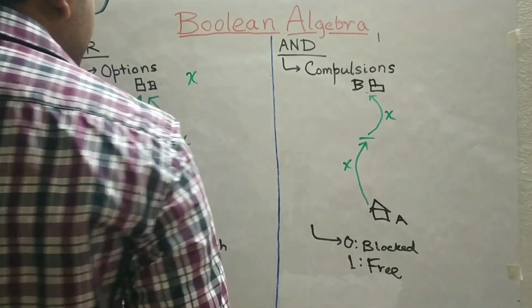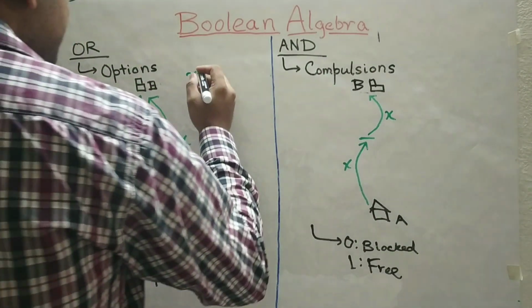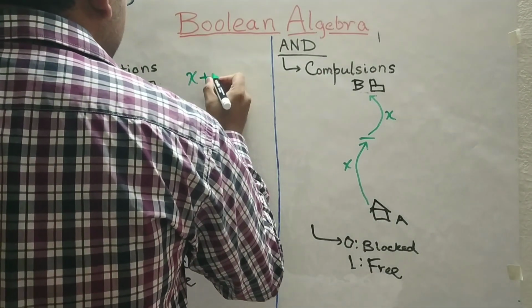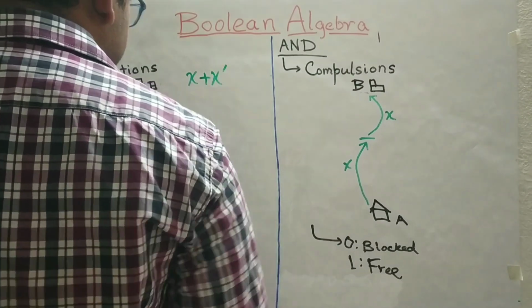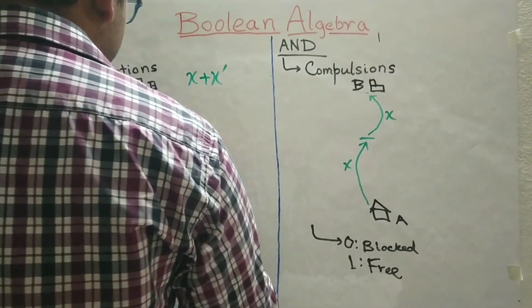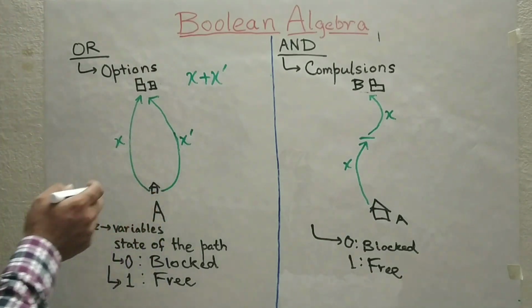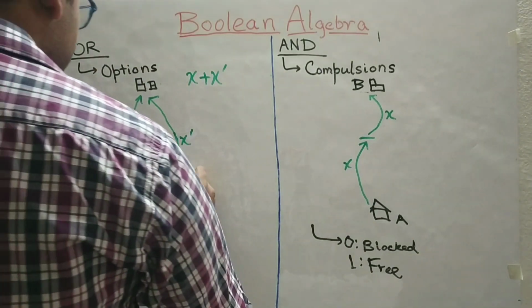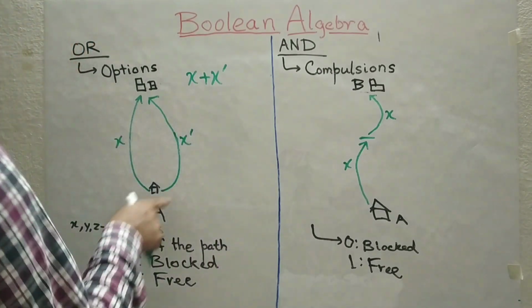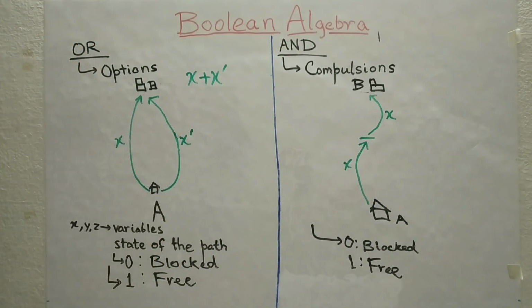property. This is the inverse property. So what happens when we do x or x inverse? Here the NOT gate comes, okay. So whatever the value of x, x naught is the opposite of that.